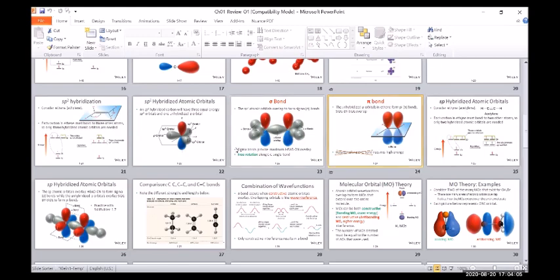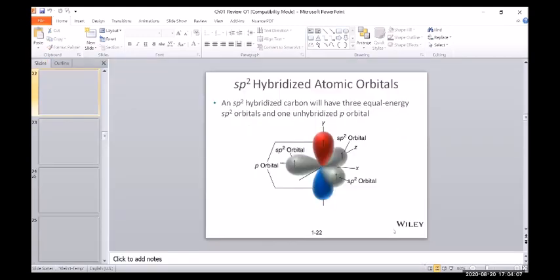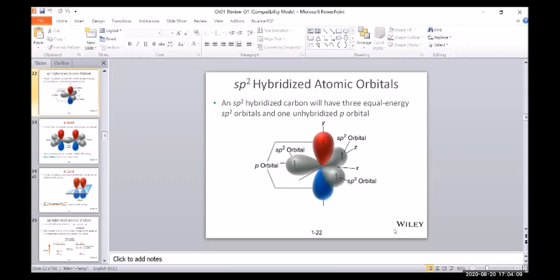And the sp2 hybridization, it's kind of a rehash. For the sp2 hybridization on the carbon atom, it will have 3 hybrid orbitals, because there are 3 orbitals that get hybridized, 1 s and 2 p.